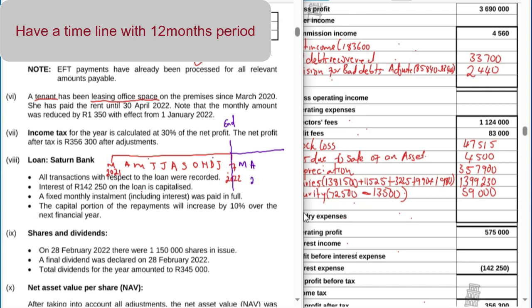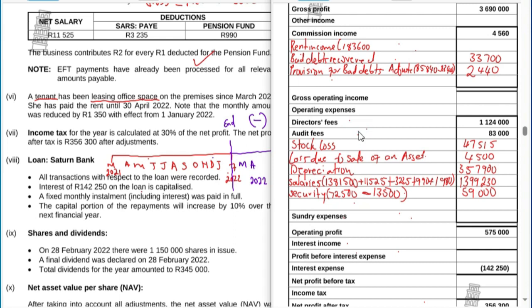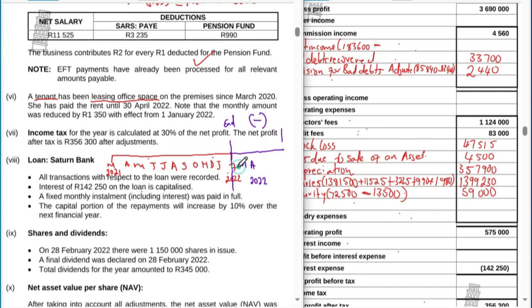Anything received after our financial year must be shown by a negative sign, meaning that under rent income we are going to have the negative sign. And then we can continue now and record our information.